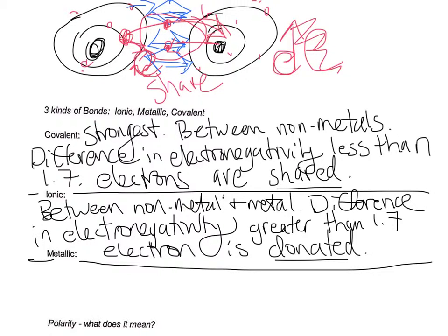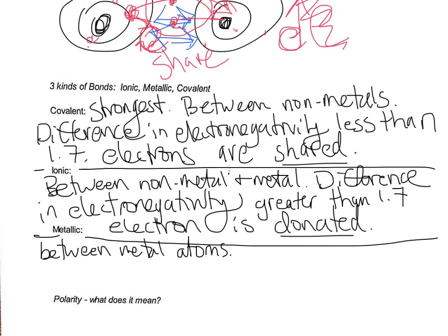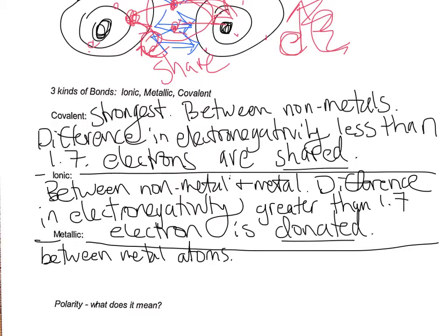Metallic bonds happen obviously between metal atoms. In covalent and ionic situations, it's one specific molecule that's made.